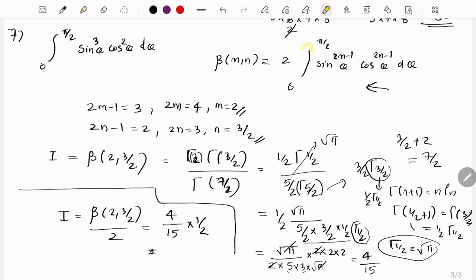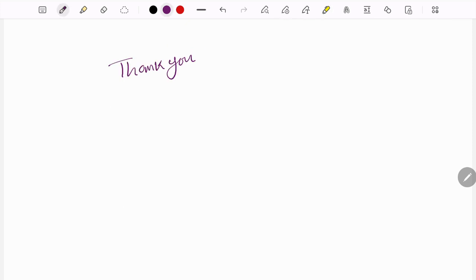If there is a 2, then the answer is 4 by 15, that is beta of m comma n. But here there is no 2, so we will divide by 2. Okay, thank you all.